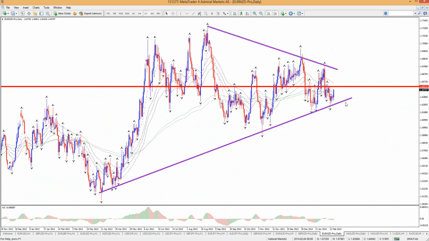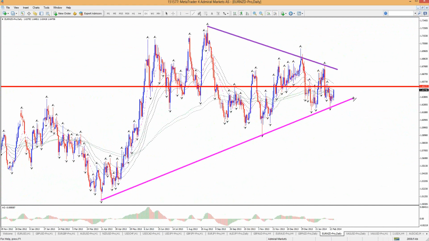Yeah, this is a typical pattern that would be a range. We have a bounce off the magenta bottom. We have a bounce off the purple resistance. Look at the moving averages.